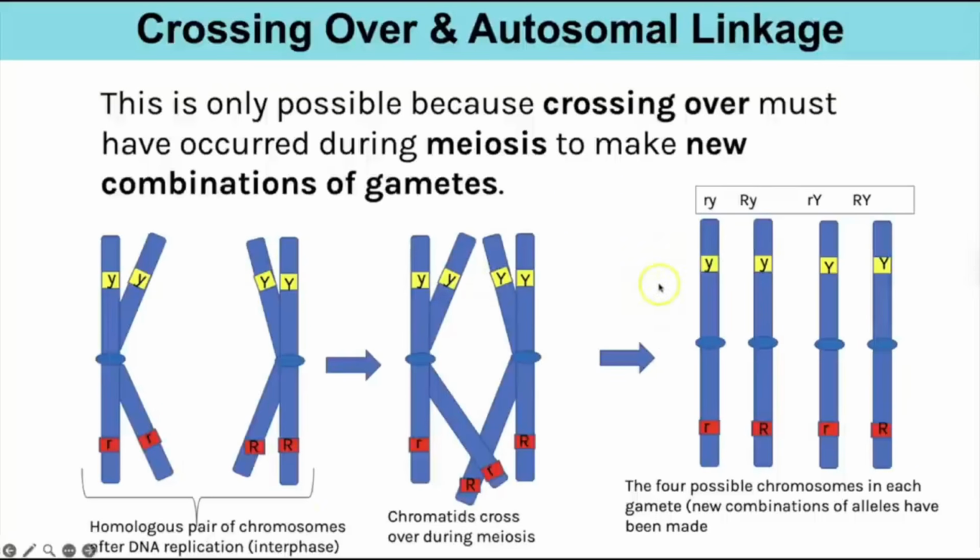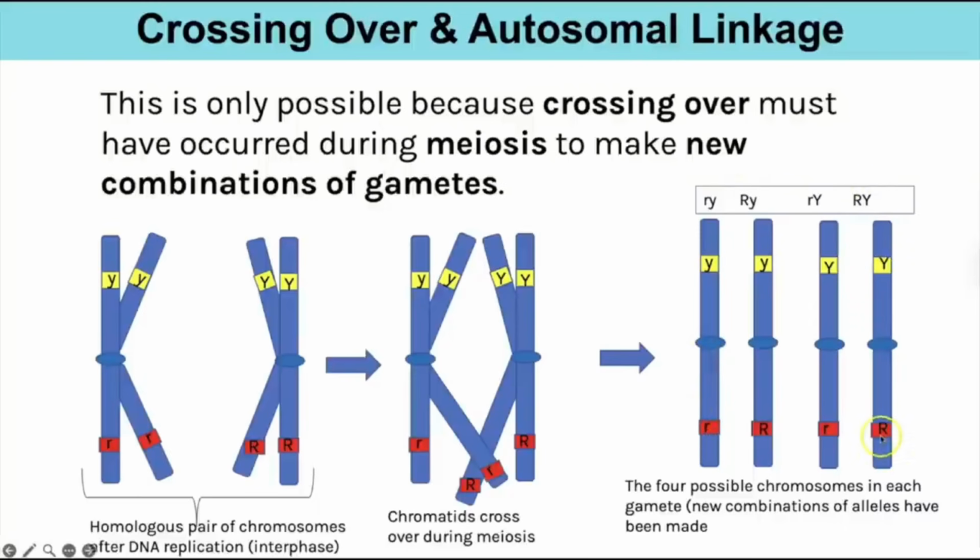So let me show you a common answer for that. This is actually just modelling what we mean here. So here we had our autosomal linkage. We've got the recessive alleles for those 2 genes on this chromosome, the dominant on this chromosome. However, there was crossing over in meiosis 1. Those chromatids break off and swap. So as a result, we now have new combinations of alleles in the gametes. This was the original, so the non-recombinant, the 2 recessive alleles.